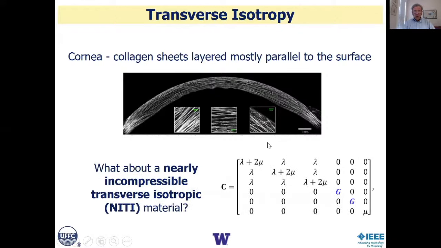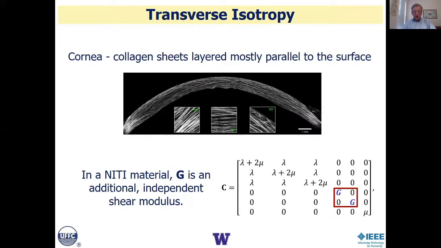We have looked at something which we call a NITI model, or a nearly incompressible transverse isotropic material, where the shear components down here are replaced. We now have 2 independent shear moduli, one which is in plane, which has to do with these lamellae, and one which is out of plane.